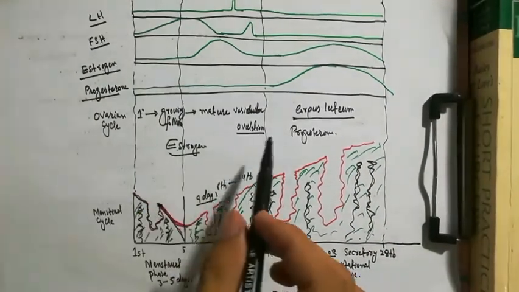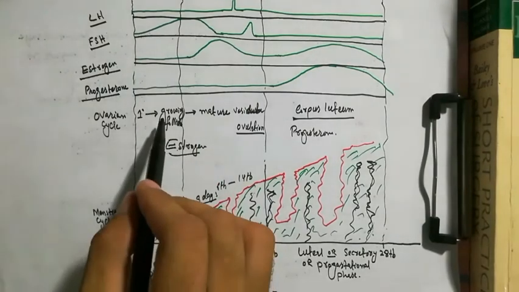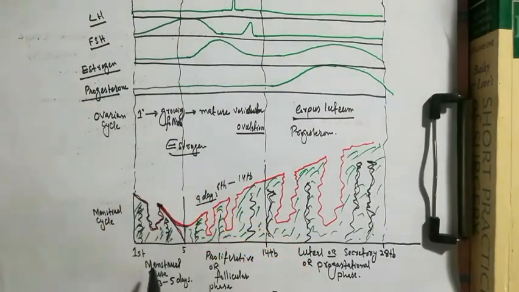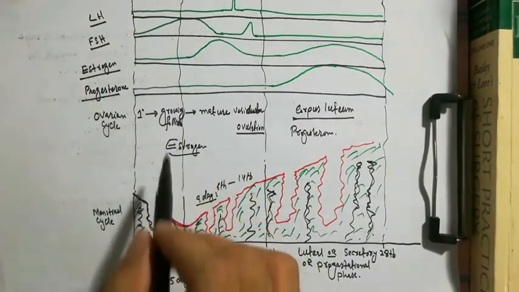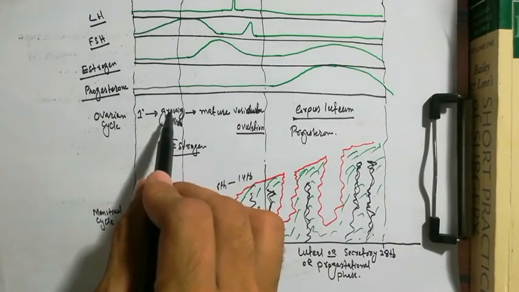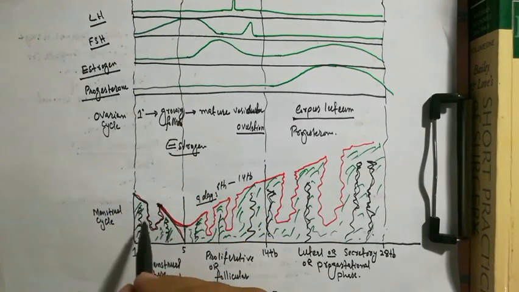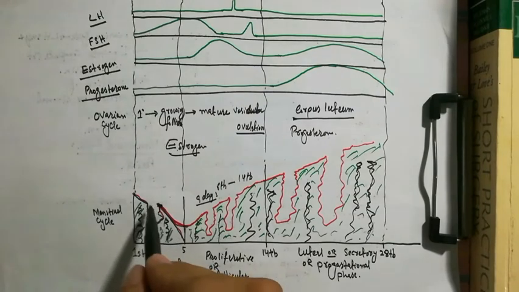Cyclic activity of the ovary is linked with endometrial changes. When primordial follicles start to grow, the endometrium is shedding. At this phase, when in the ovary primordial follicles start to grow, at the same time in the endometrium, in the uterus, endometrial tissue is shedding.